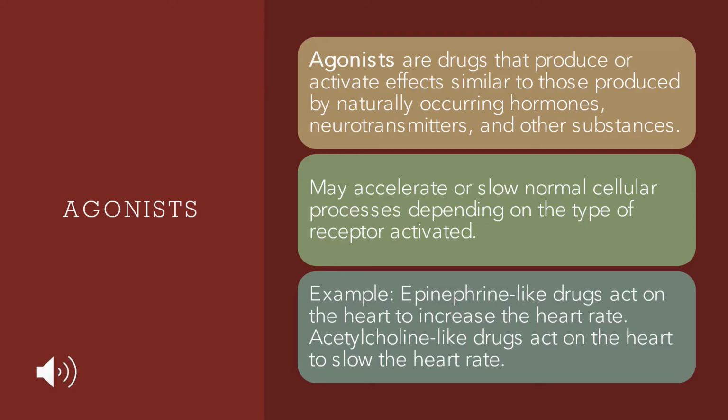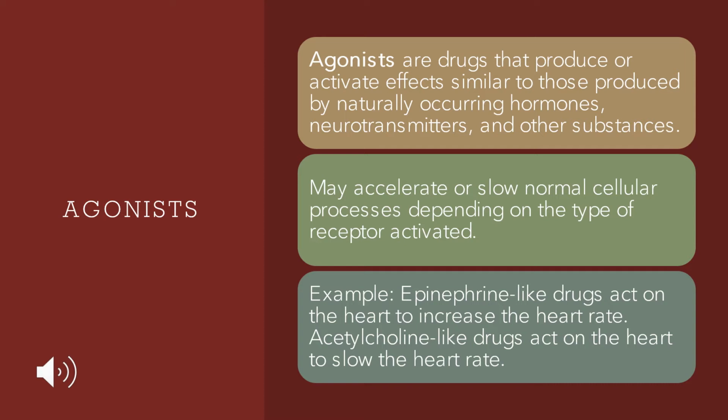Agonists are drugs that produce effects similar to those produced by naturally occurring hormones, neurotransmitters, and other substances of endogenous regulators that activate the receptors to which they bind. All of these compounds are considered agonists.